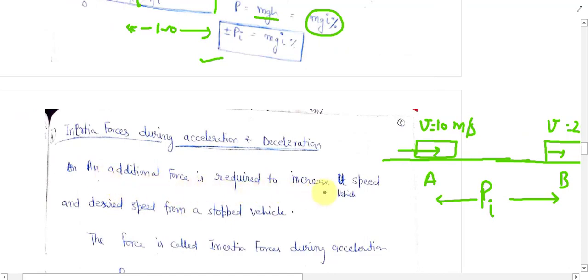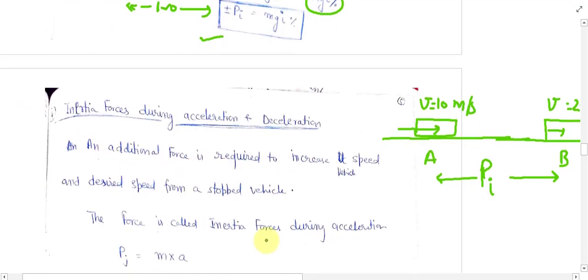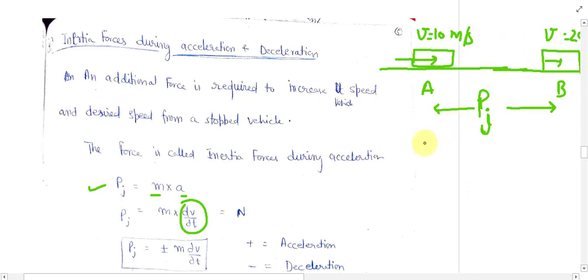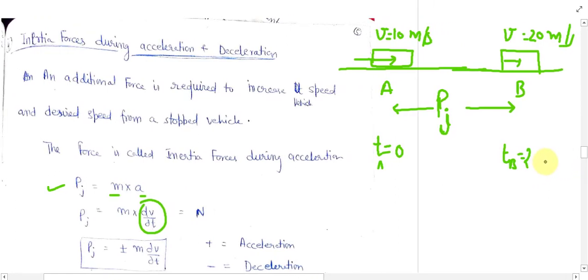I already discussed the written form, so please go through these lines. Pj is denoted by mass into acceleration, where acceleration is dv by dt. In this case, suppose the time at A is 0 and the time at B is 2 seconds.